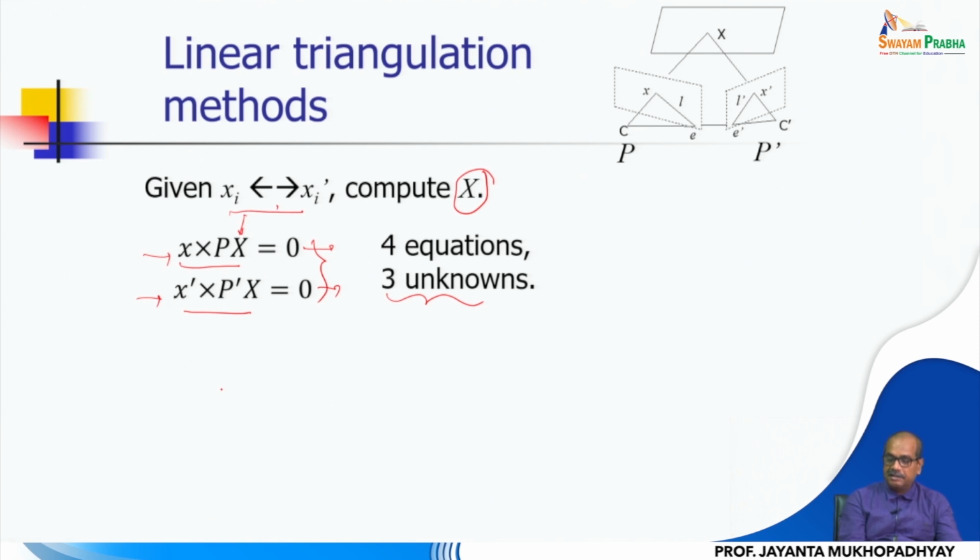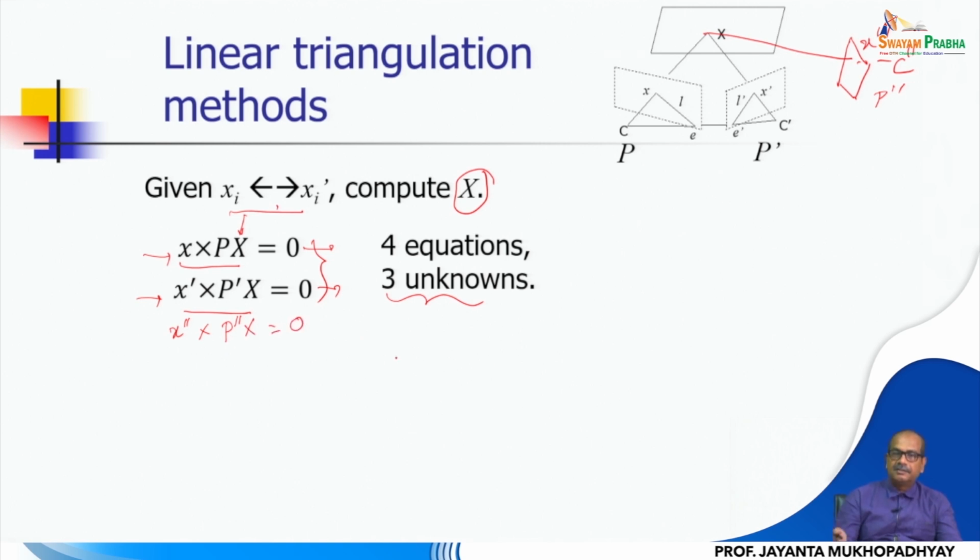Now this methodology is interesting because it is easily generalizable. If I consider another camera, say C double prime, and you get say X double prime, and this is P double prime, there also you get this constraint.